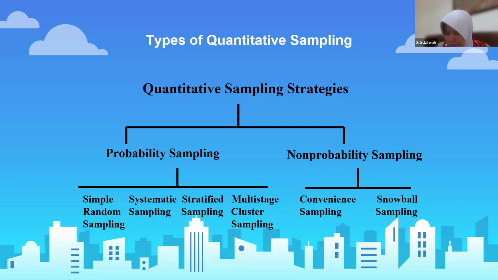Stratified sampling is dividing the population into groups based on population characteristics, then taking a sample from each stratum. Okay, so you make the groups, and then among the groups you select the sample. Thank you. How about others?